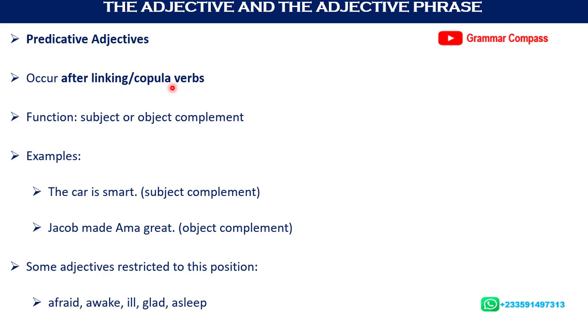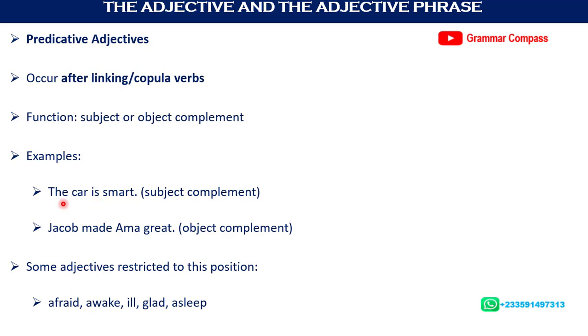Now, when adjectives are functioning predicatively, then they have two main roles. They can function as subject complement and as object complement when adjectives come after these verbs. For example, as a subject complement, the verb must always be a linking verb.